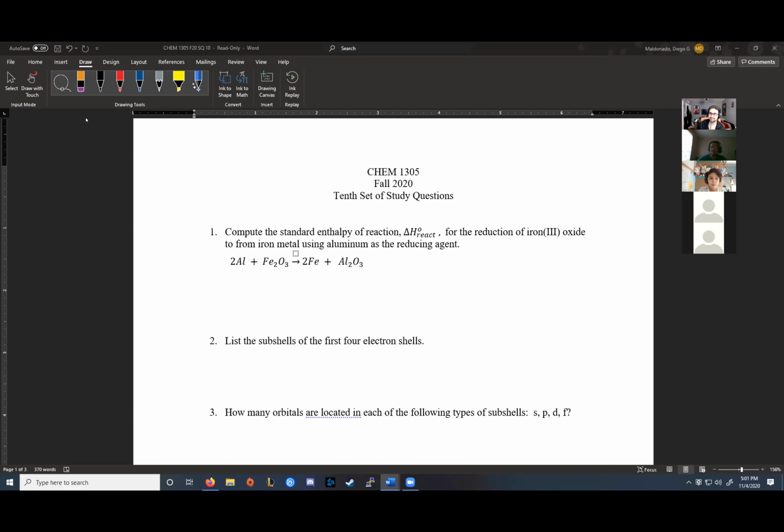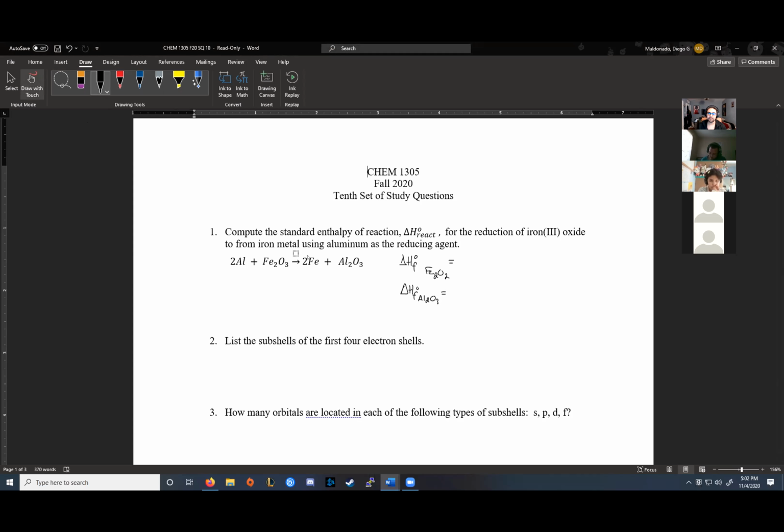Okay, thank you. So for this problem, obviously we're going to be given our enthalpies of formation for iron oxide and also for aluminum oxide.